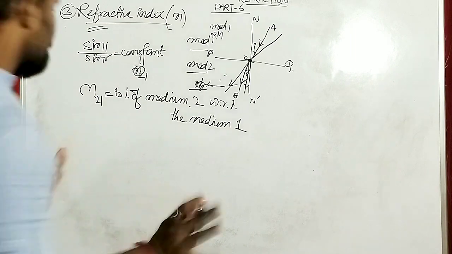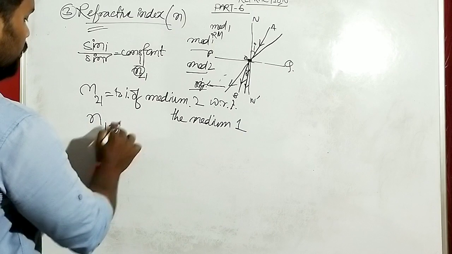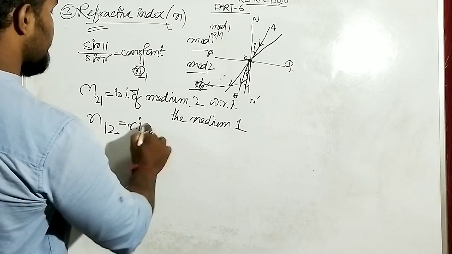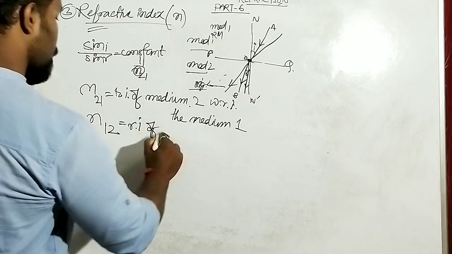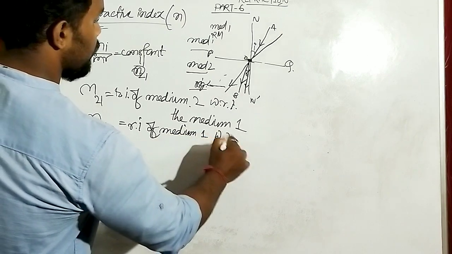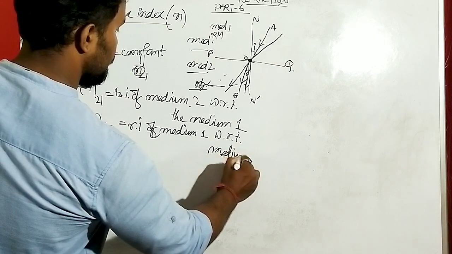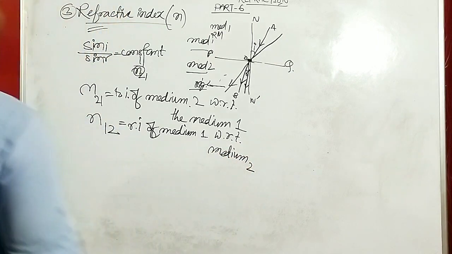I will explain in brief. Now reversely, if it is n12, it is going to be the refractive index of medium 1 with respect to medium 2. Simple fact.